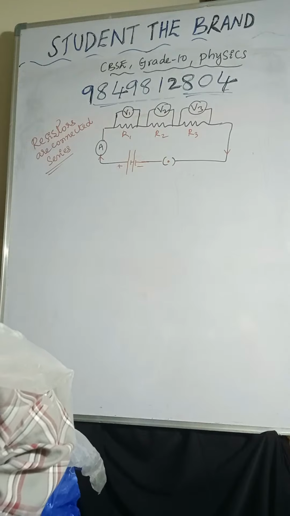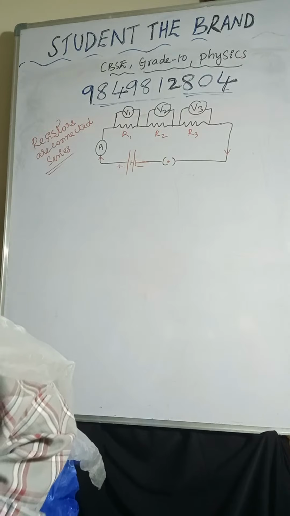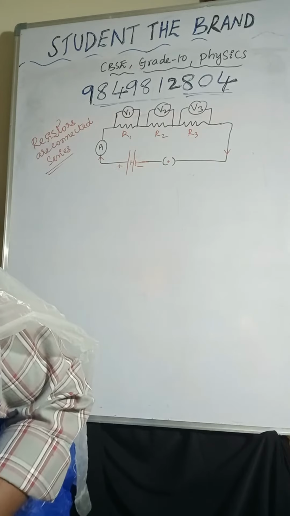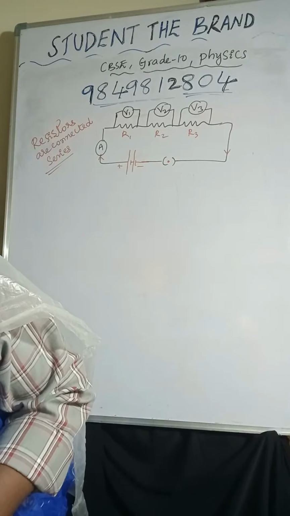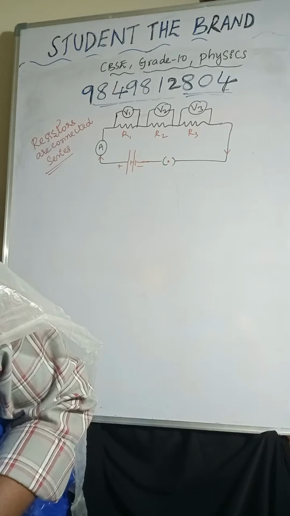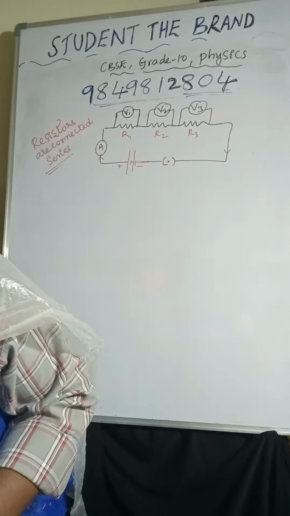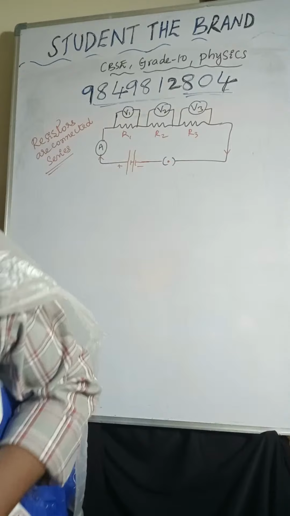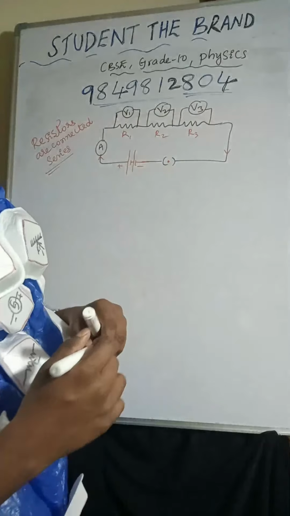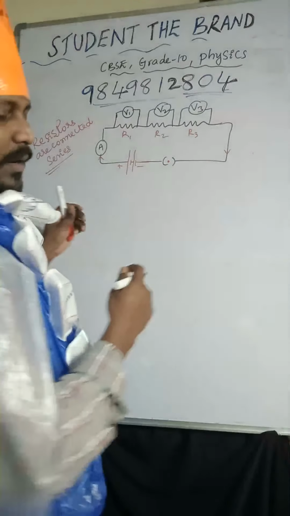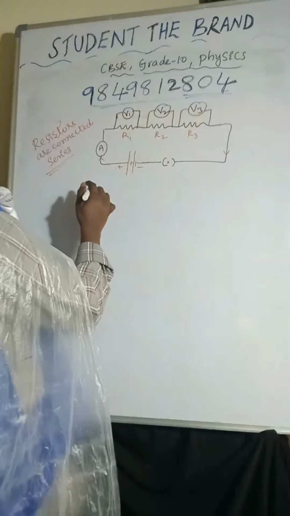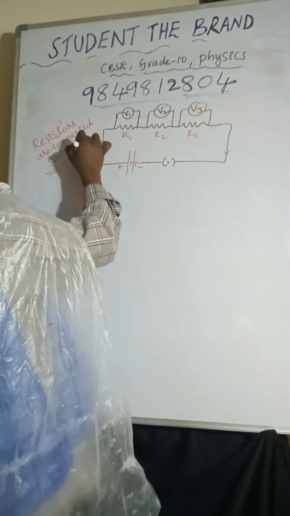So what is the formula for resistors connected in series combination? Now you can observe here. From Ohm's law, V equal to IR.